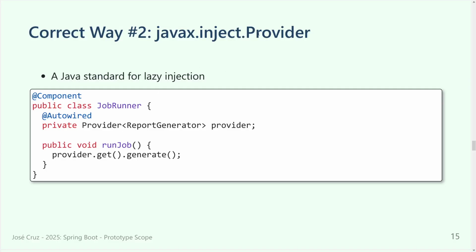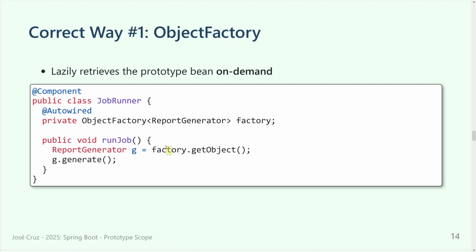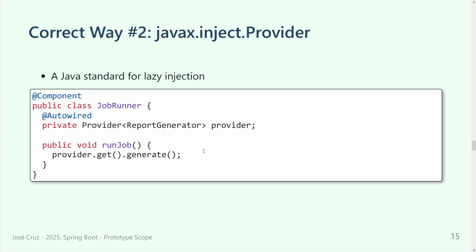And one of the ways for this standard to get instances is using a provider. It's very similar to the factory, but it's standard Java Enterprise, not Spring Boot, but the concept is the same. You have a Provider of report generator, and here you use get, here you use getObject, but the purpose is the same.